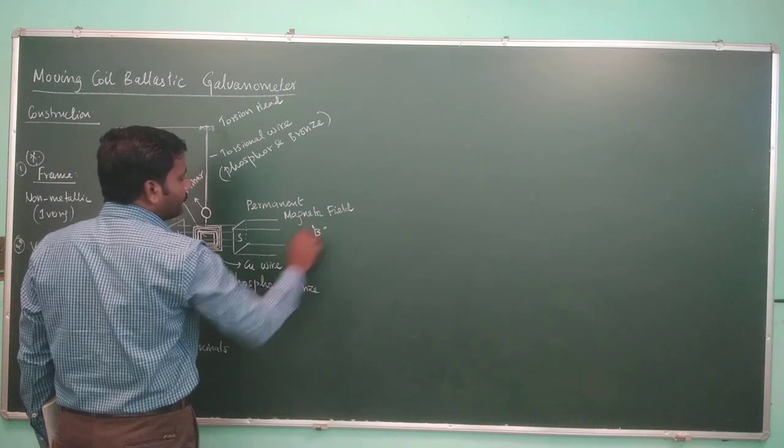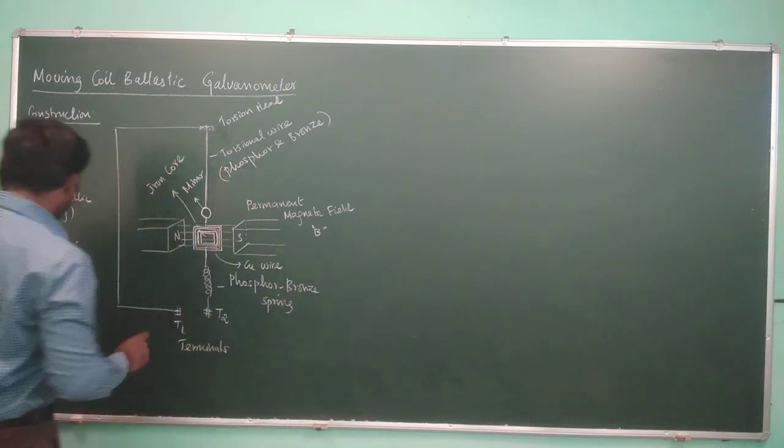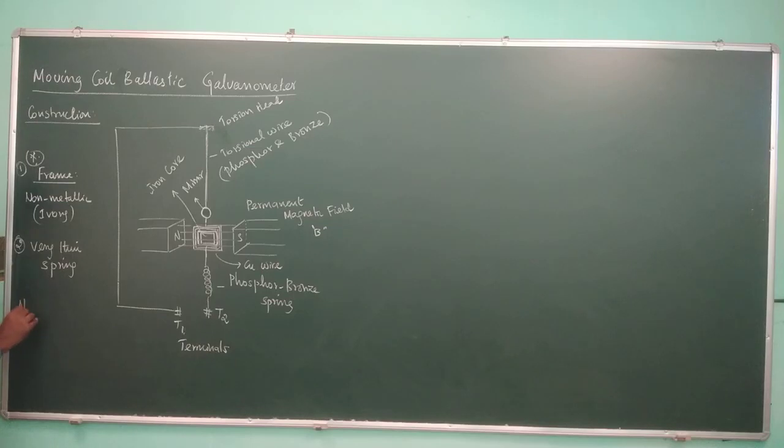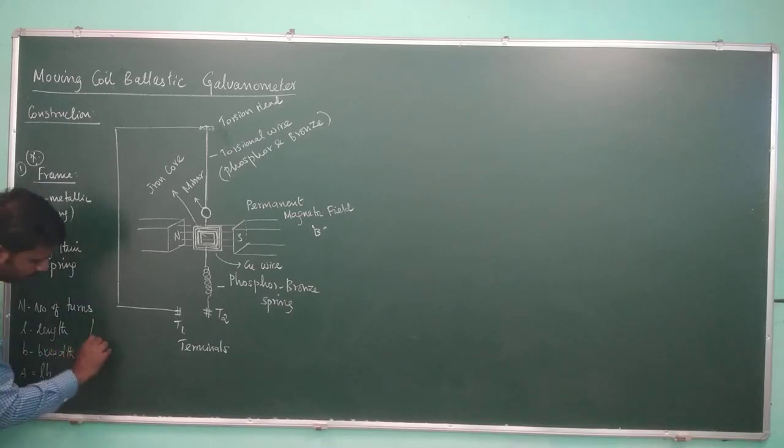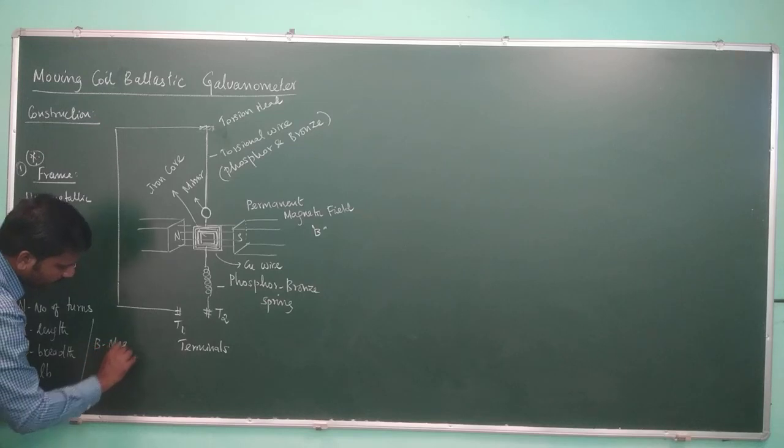So N is the number of turns, L is the length of the coil, b is the breadth of the coil, and the area of the coil is L times b, and B is the magnetic induction.